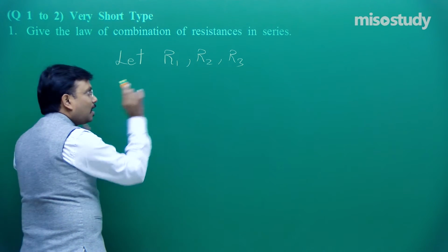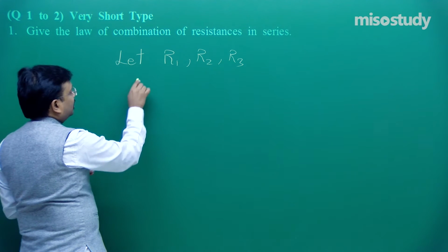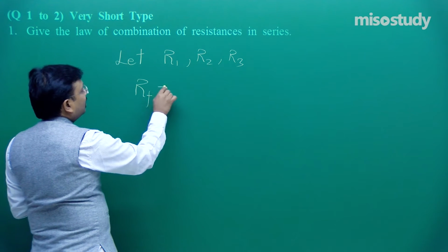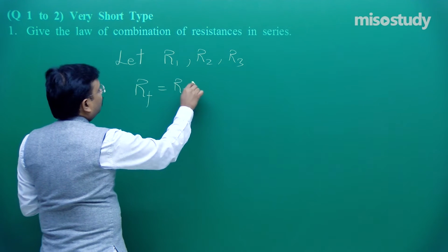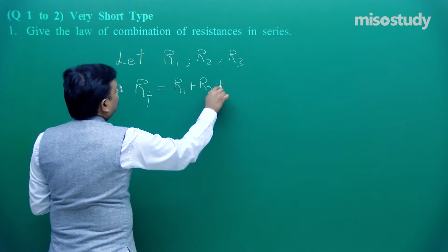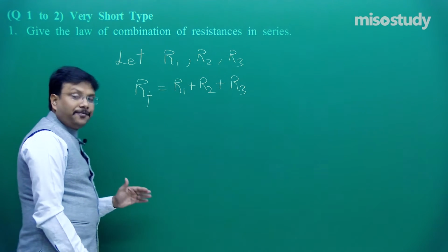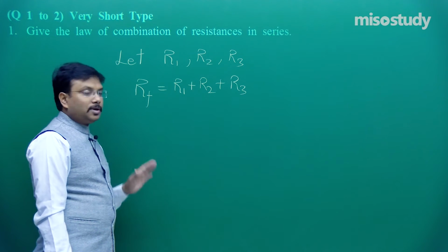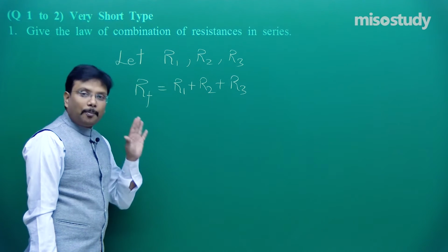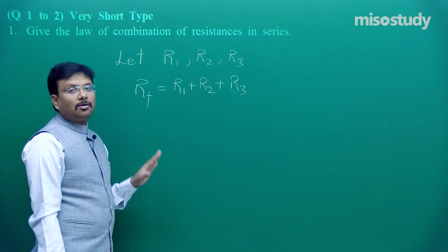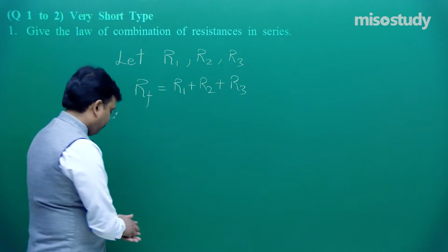So, the answer required in this question is R final is equal to R1 plus R2 plus R3. That is the answer. This will give the idea to the examiner that the student is aware and properly knows the solution of this question. Fine.